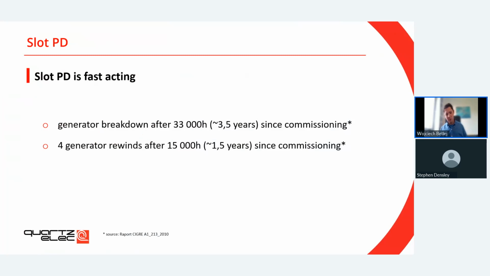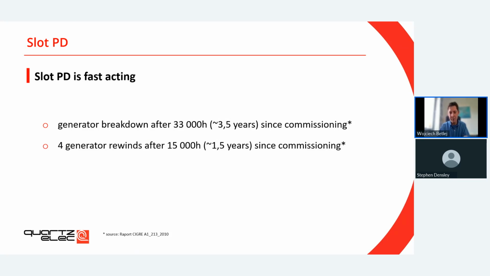Okay, so let's go to the summary. I want to start with this. There's another report, SIGRE report 213/2010, where a number of generators in the United States were analyzed. If you read that report, you can find that there are occasions where slot PD leads to a breakdown very quickly. For example, there was a generator breakdown caused by slot PD just after 3.5 years since commissioning.